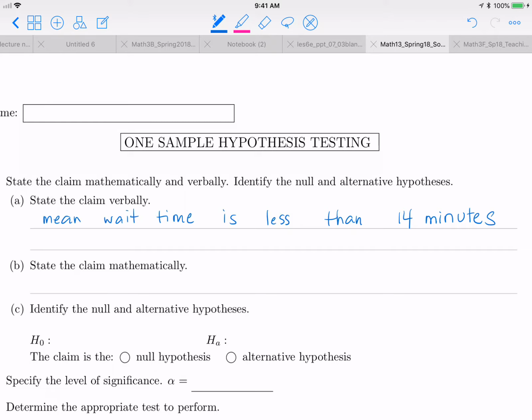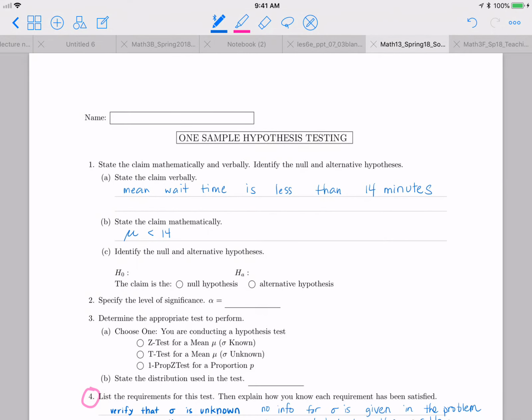Okay. Mean wait time is less than 14 minutes. State the claim mathematically. Now, mu is less than 14. Okay? Now, to the side here, I know that in order to get my null and alternative hypotheses, I need to take the complement. So my complement is going to be mu is greater than or equal to 14.